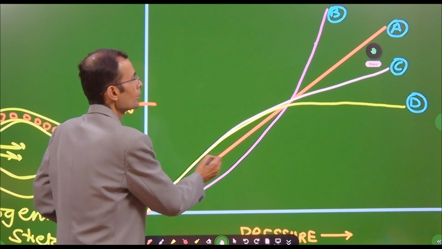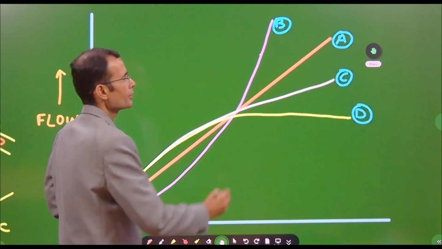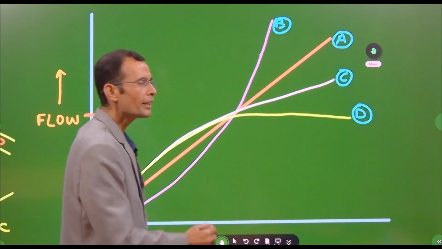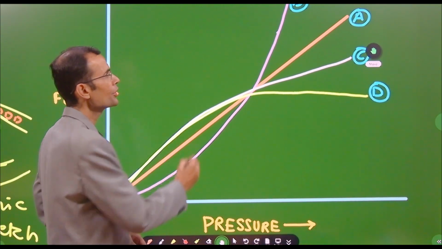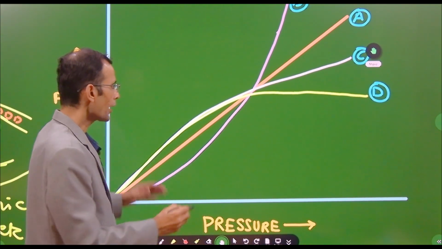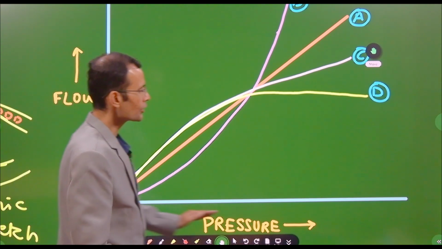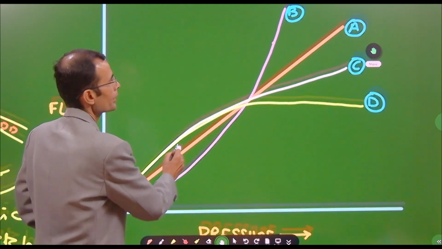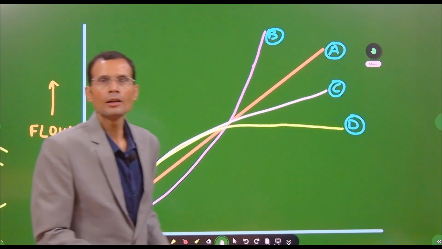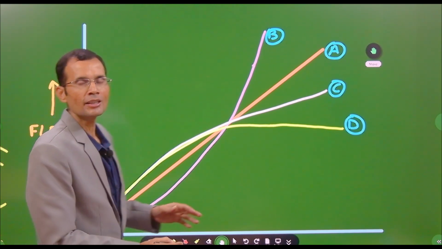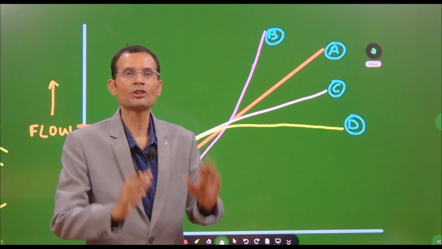All right, let's start with the curves. A is any narrow rigid tube. You can see here that as the pressure is increased, in the case of A, the flow is also increasing in a linear fashion.